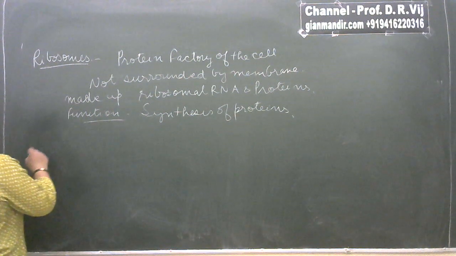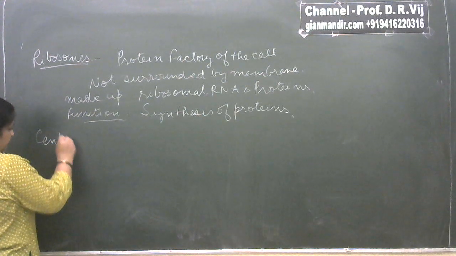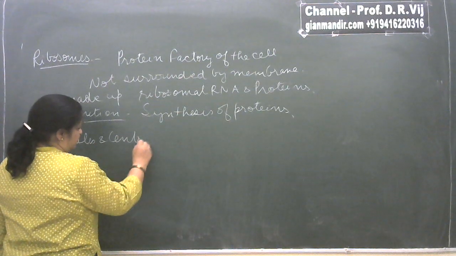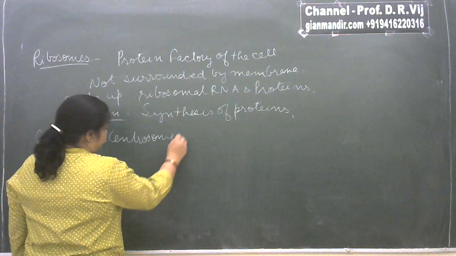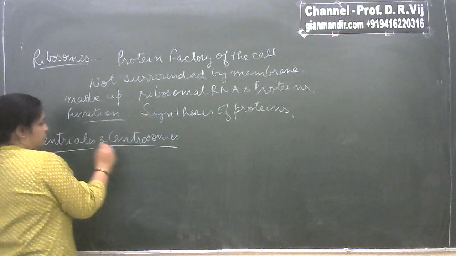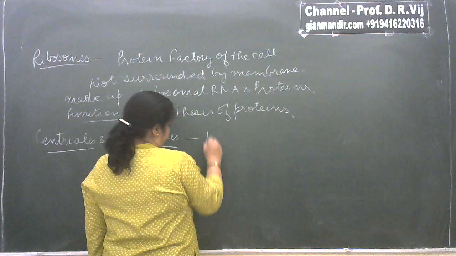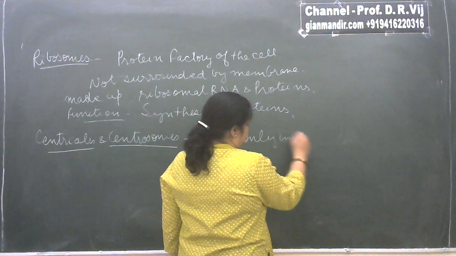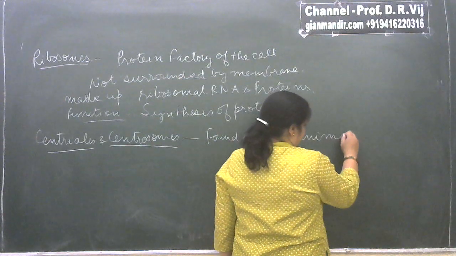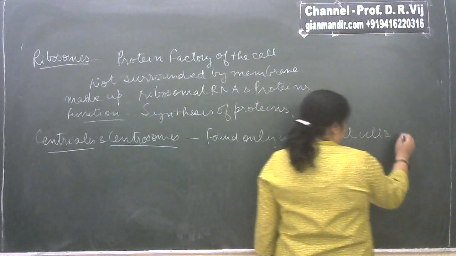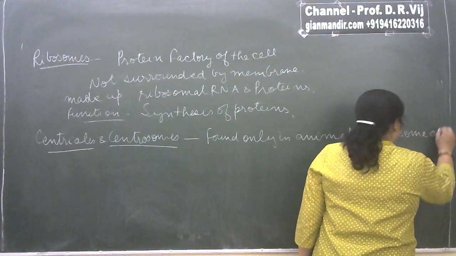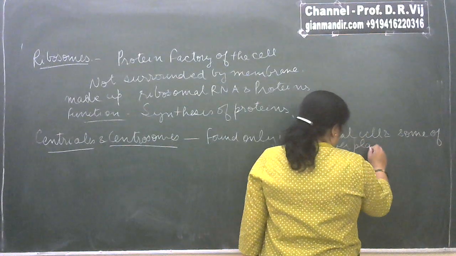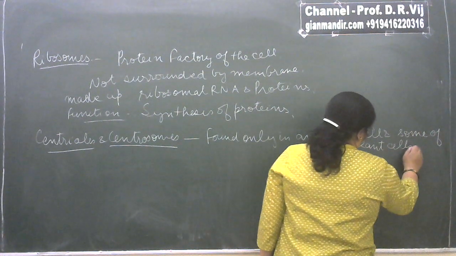And other cell organelles are centrioles and centrosomes. So centrosomes are found only in animal cells and some of the lower plant cells. Right?